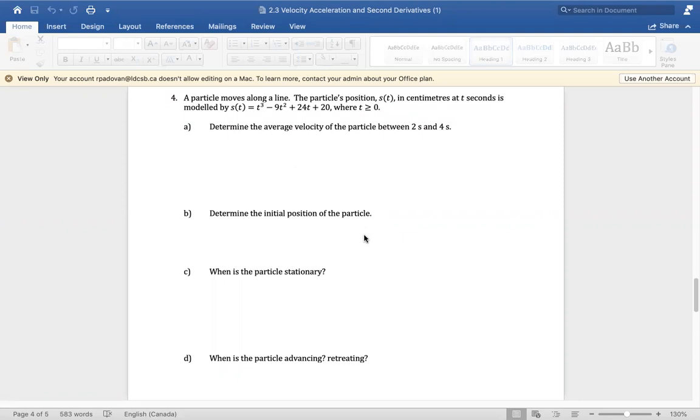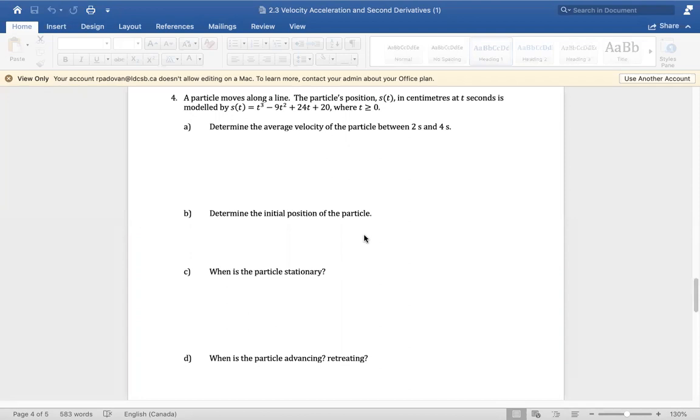If we read number 4, a particle moves along a line. So now I'm doing an example of horizontal motion with you. The particle's position, S of t function, is in centimeters now, and t is in seconds. We have the equation S of t equals t cubed minus 9t squared plus 24t plus 20.